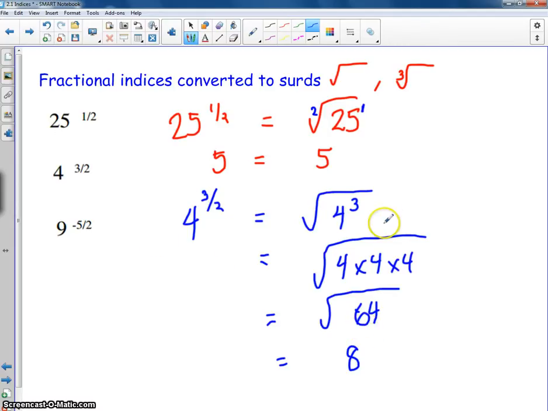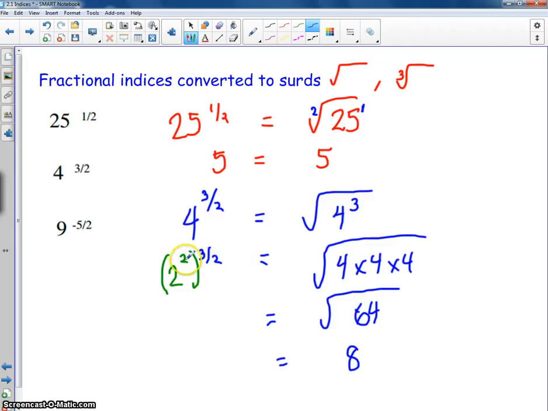Now, how is this going to look like this? Let's simplify. What do we know about 4? 4 is actually 2 squared, isn't it? So we have 2 squared to the power of 3 over 2. The rule of indices is that if there's a bracket, we multiply this index by that index. We need to find out what 2 times 3/2 is.